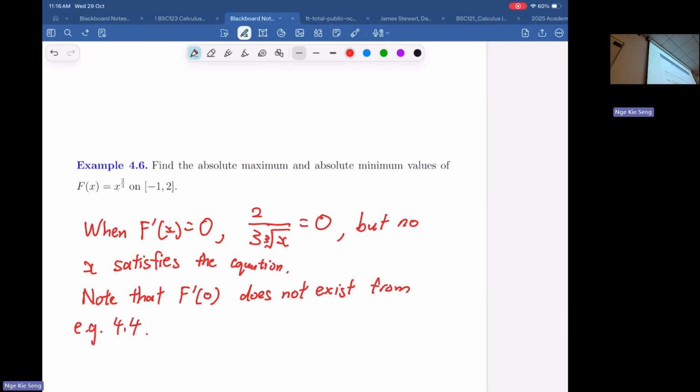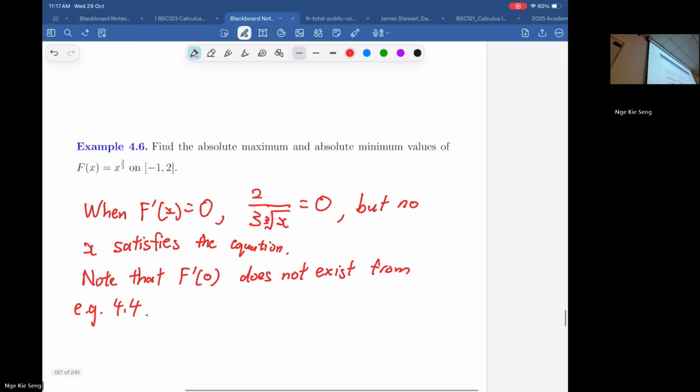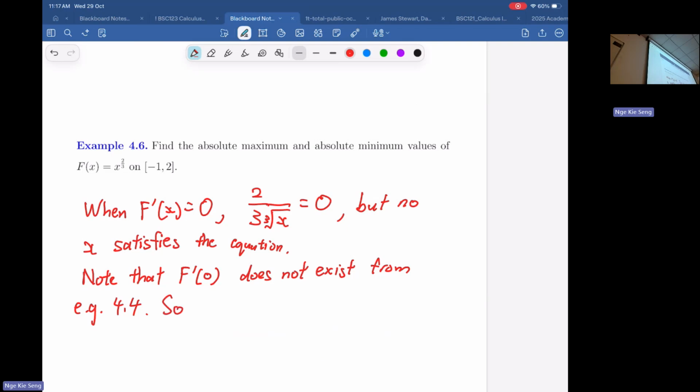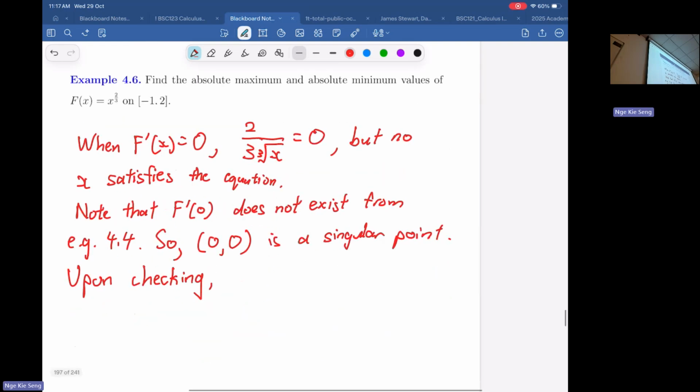Then we know that it doesn't exist, so x equals 0 is one point we need to check. 0 is a singular point. Let's check all of them and compare them, since we know the endpoints already. So we need to compare f(0), f(-1), and f(2).